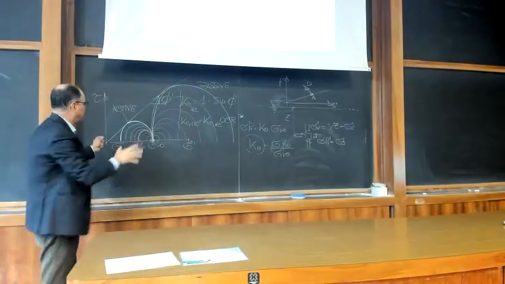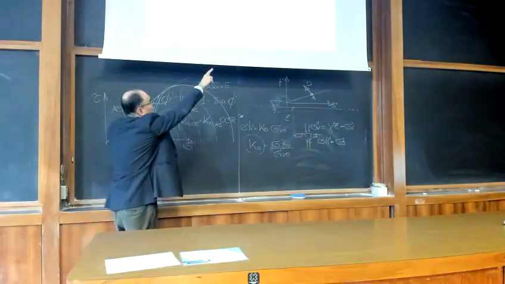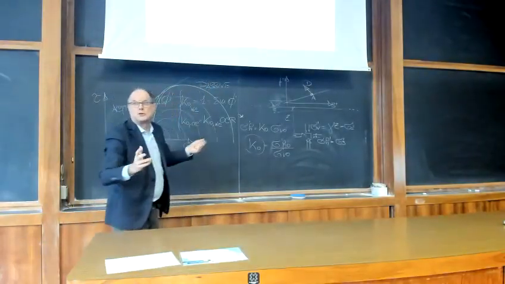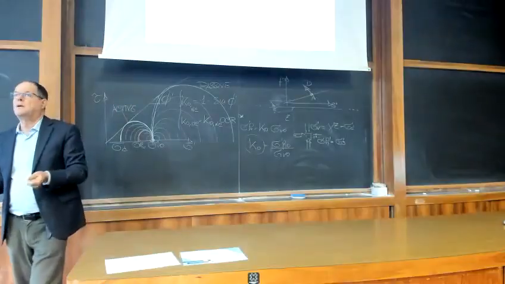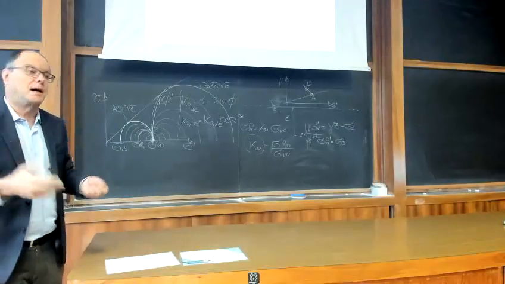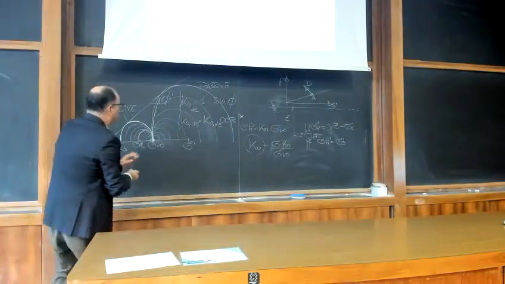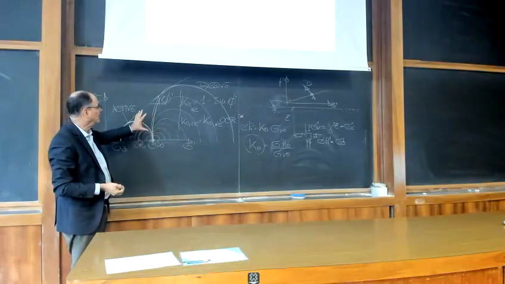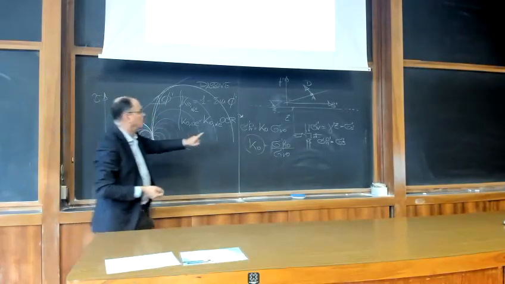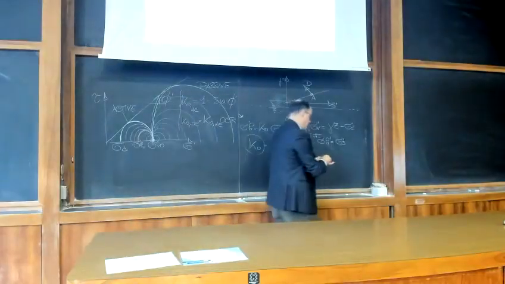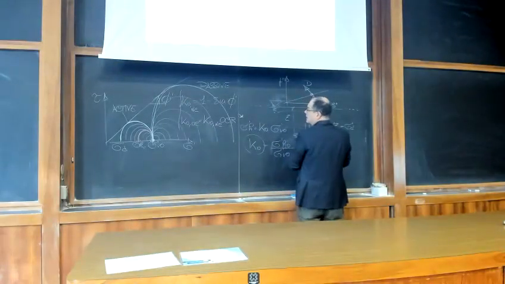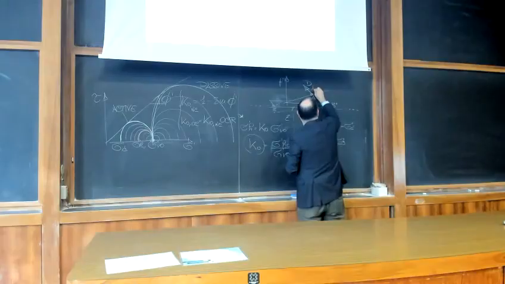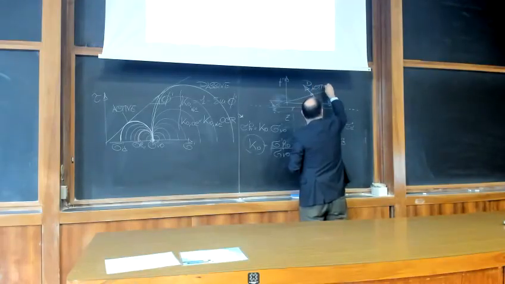Okay, if you look at this slide, you say, well, okay, you have the two possible circles, they are statically determined, but you can get there according to completely different load paths. Once is going this direction, this is what we call the active pressure.